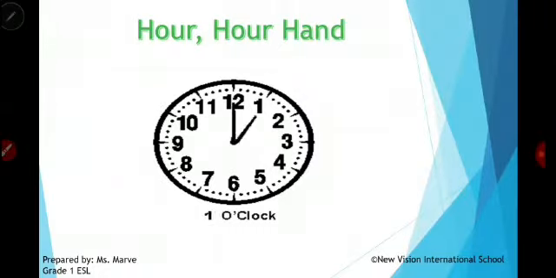Please observe the clock on the screen. There you can see the short hand is moving around the clock. It is pointing to numbers 1, 2, 3, 4, 5, 6, 7, 8, 9, 10, 11, and 12.